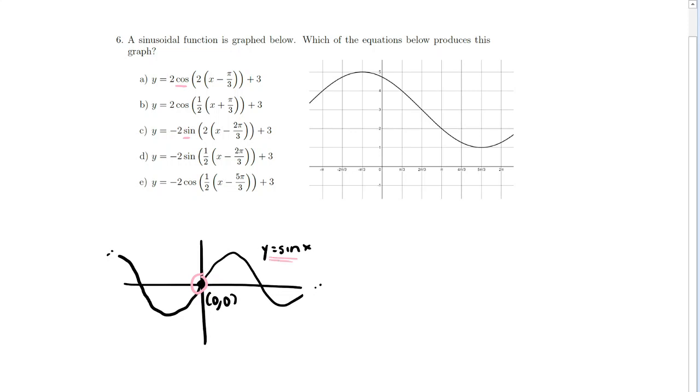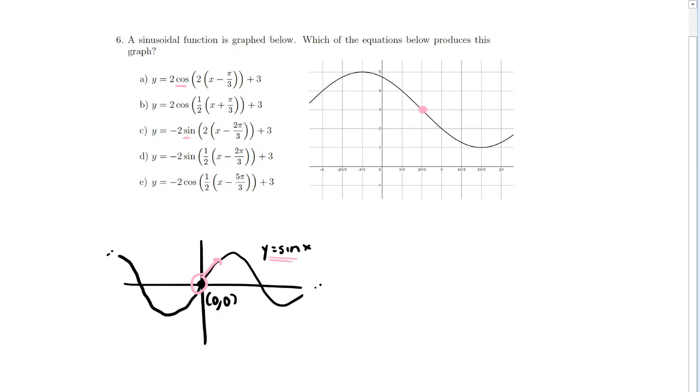If I'm going to move this point so it matches a point on the graph we're given, where would that be? It might be this point here. But if we move 0, 0 to this point and then apply other transformations, notice that this sine function goes up as it goes to the right, and this function goes down from this point.